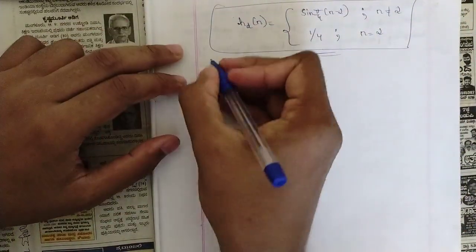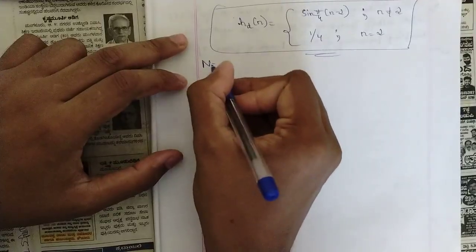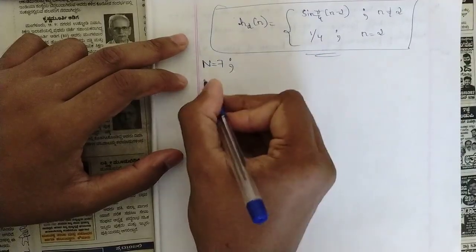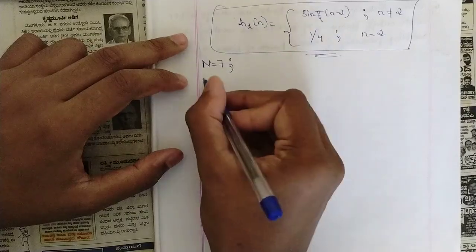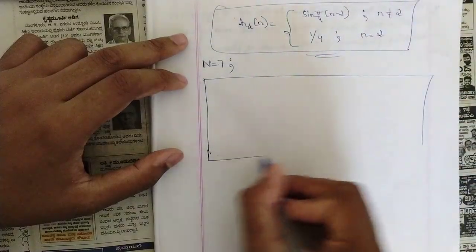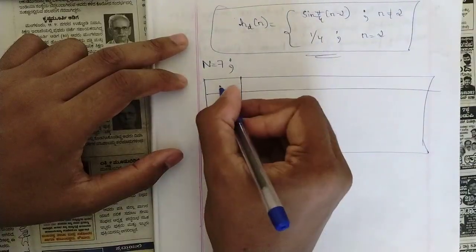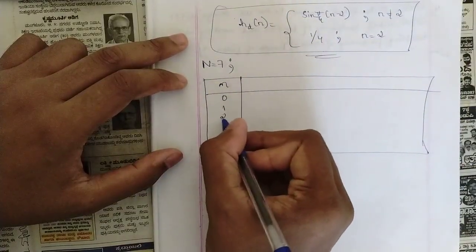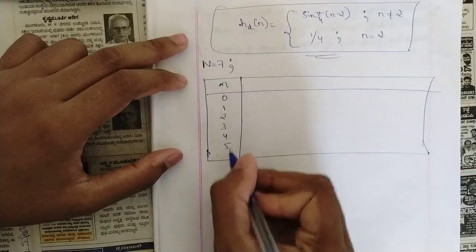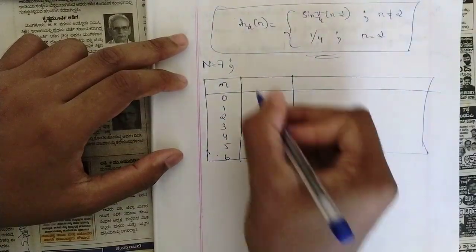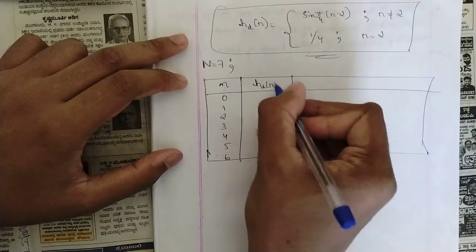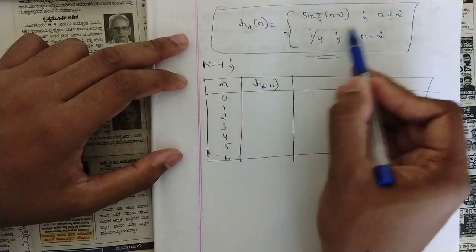Now we should be writing the window table, right? That is for n equal to 7. Again draw one sufficiently big table so that we would be fitting all the 7 values. So first column is all the values of n from 0, 1, 2, 3, 4, 5, 6. Next is for hd of n, you should be substituting this equation in the calculator.